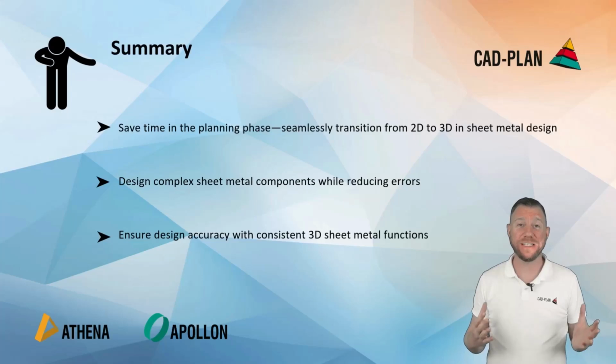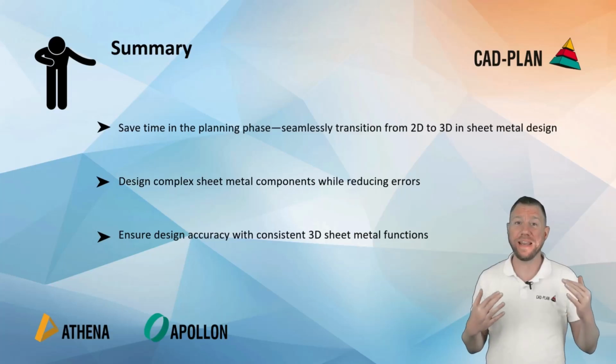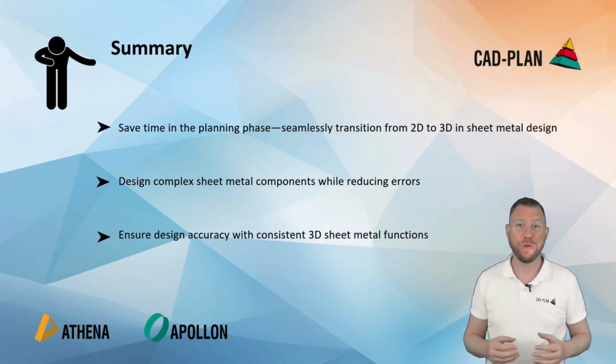Let us summarize the key points once again. You have seen how a targeted transition from 2D planning to 3D construction can help you save valuable time during project preparation. Especially in sheet metal design, this structured workflow enables a significantly more efficient way of working.